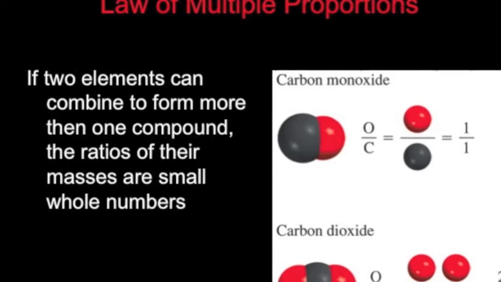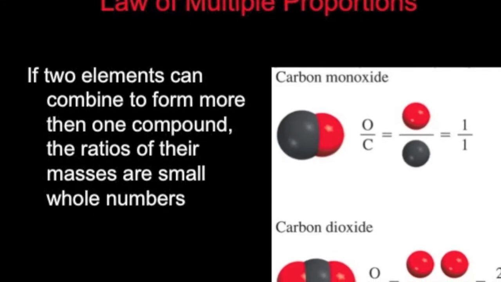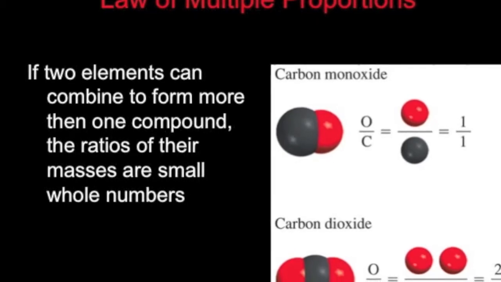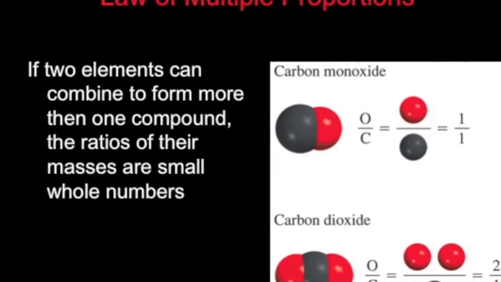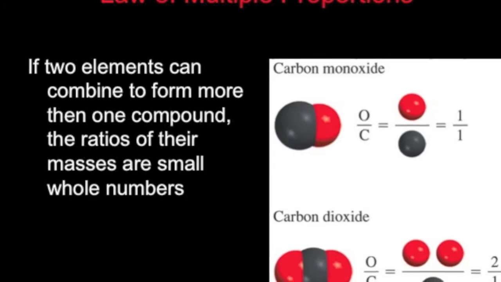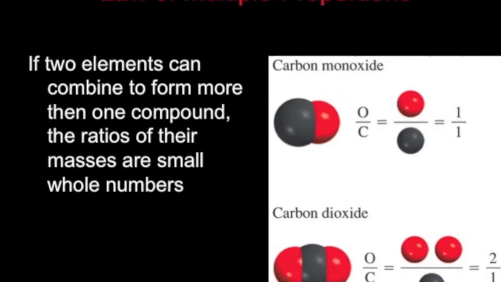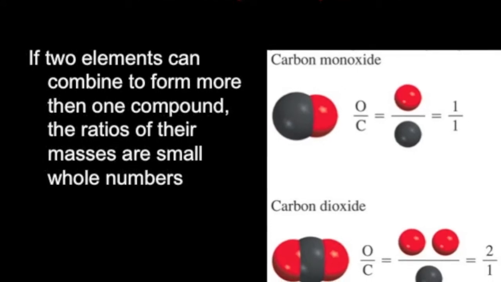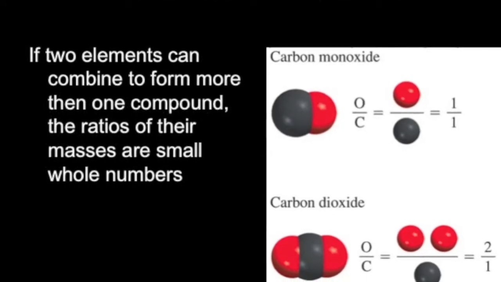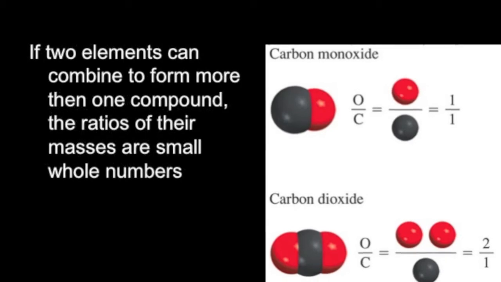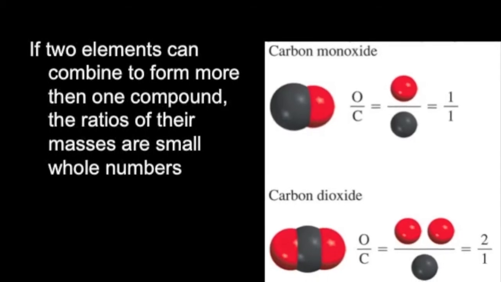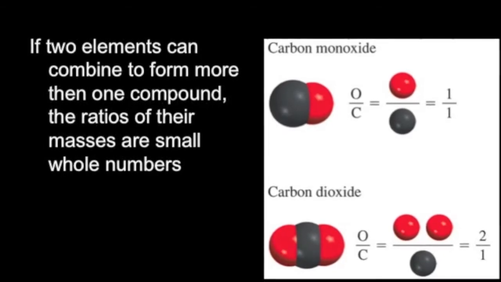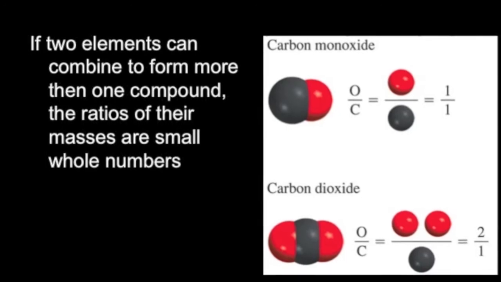So the ratio between carbon dioxide and carbon monoxide is 2 to 1, a small whole number. Whenever we combine two elements to form different compounds, the ratio between those by mass is going to be a small whole number, so factors of 2, 3, 4, 5, and so on. We're simply multiplying these factors by small numbers.